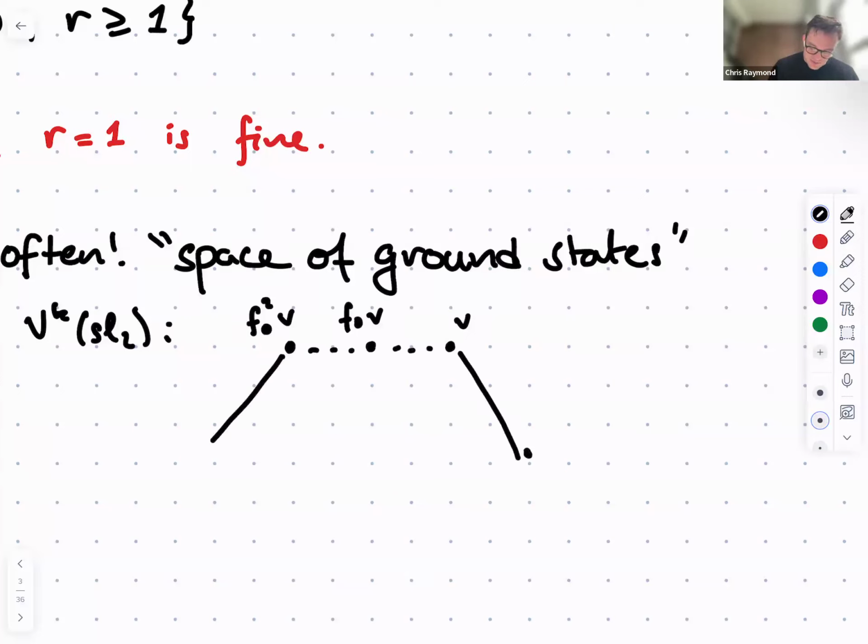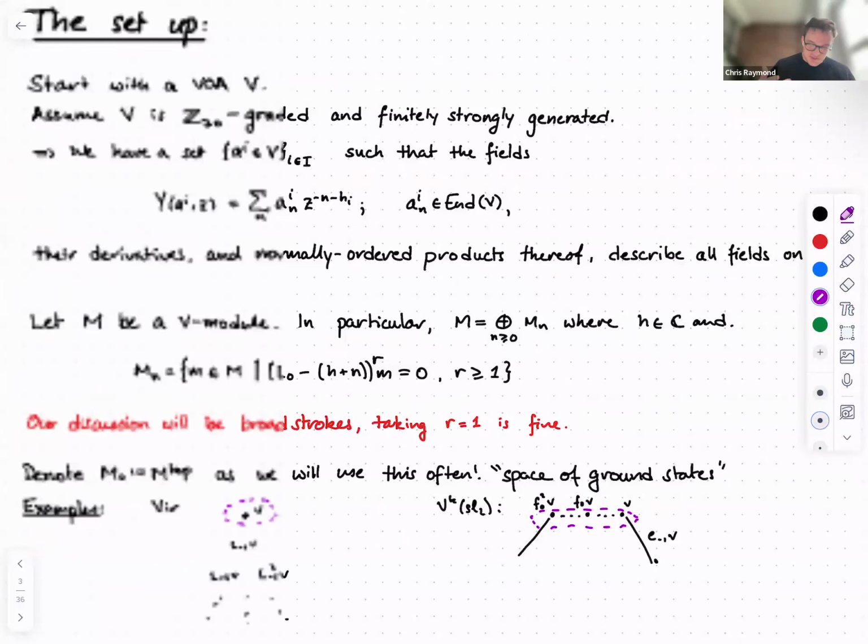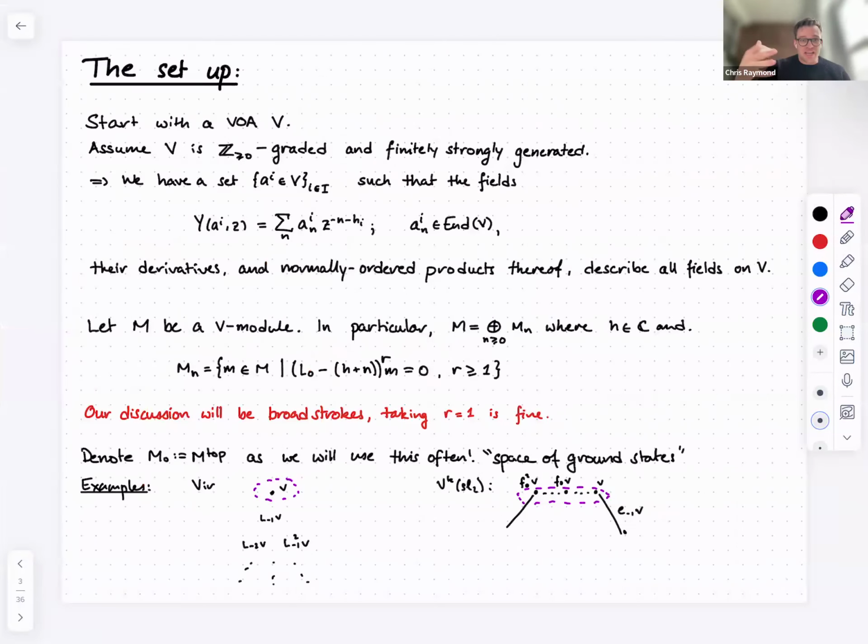Here I have some state down here given by E minus 1 acting on V, and so on. And in some example like this, my top space would be this space of vectors just here. So this is something that we're going to at least think about in the back of our minds. It's nice to have some pictorial examples of what we mean by this top space.